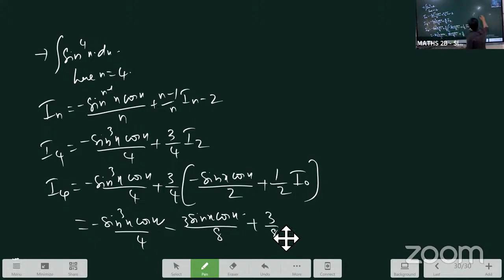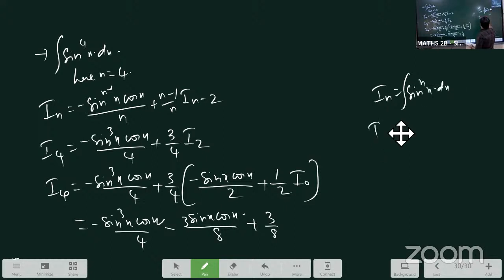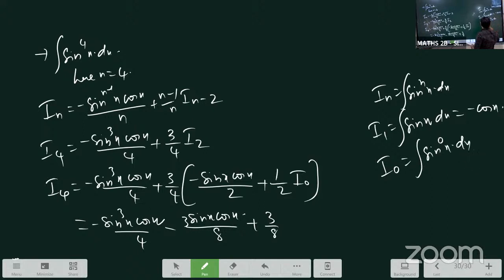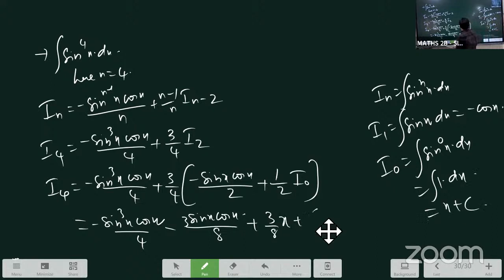Now what is this I naught? See, your In is sin power n x dx. If I come across I1, then it means sin x, which is minus cos x. If it is I naught, then sin power 0 x, that is anything power 0 is 1, x plus c. So that is x plus c.